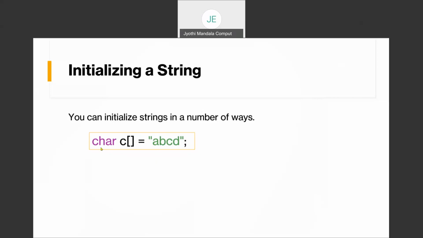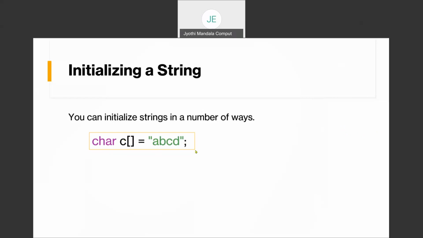Here I told my data type is char, and c as an array, and observe that I have not mentioned any size, and using the assignment operator I will be assigning a string called ABCD, a string which is holding more than one character. That's why I put it in double quotes. So now A, B, C, D will be stored in the memory and the last location will be stored with \0. So however many characters you give here, that many memory locations plus 1 will be automatically created if you are not mentioning any size here.